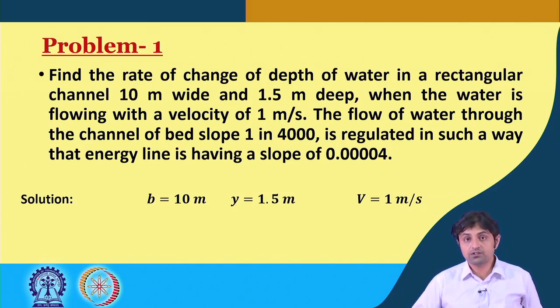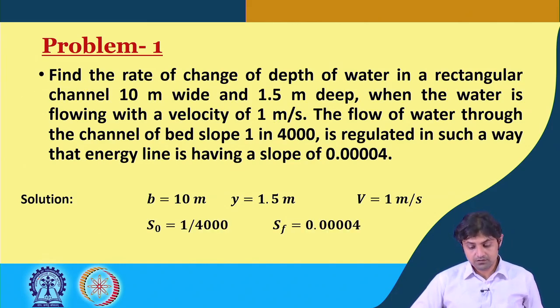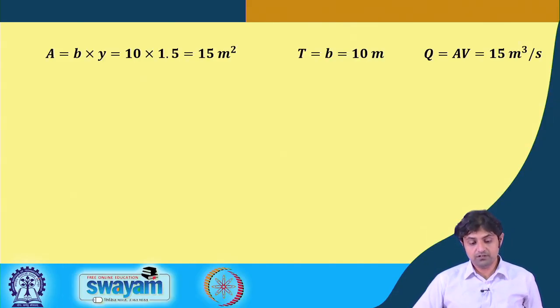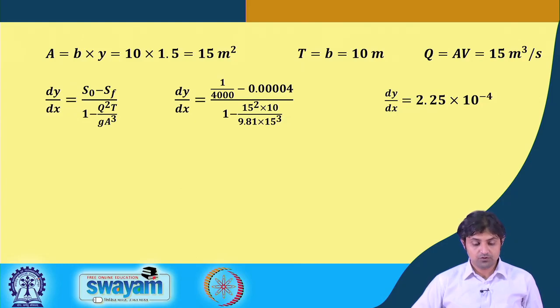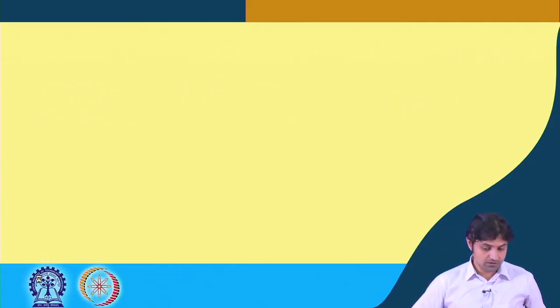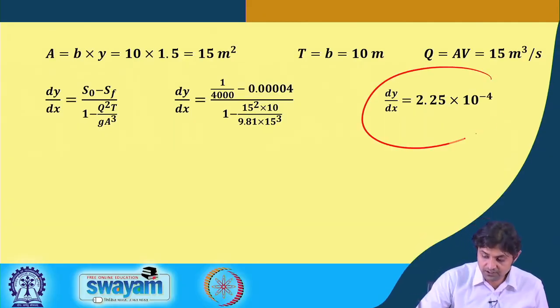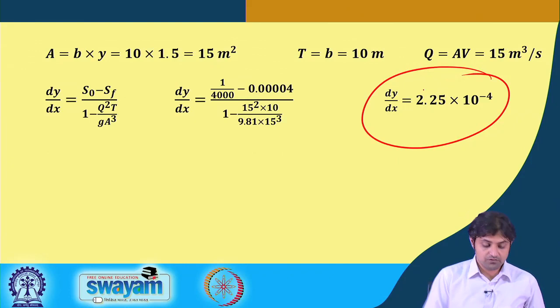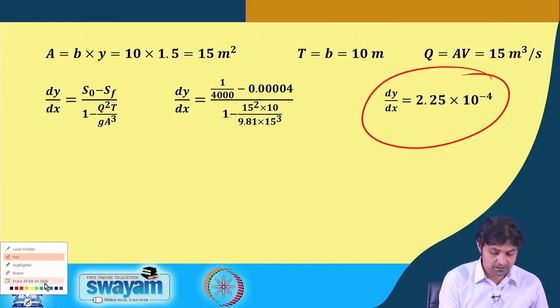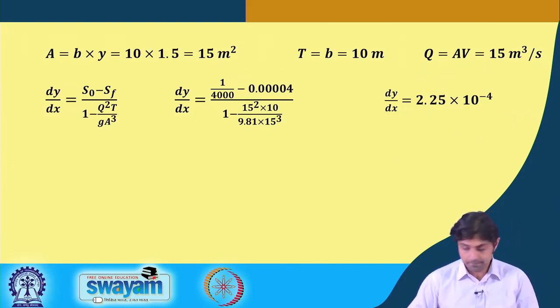The same thing, these were the things that were given, area, the same thing which we have worked out on the screen. The same formula, dy by dx is equal to S naught minus SF, and this is what we are going to get. This was the final answer which we have seen on the white screen.